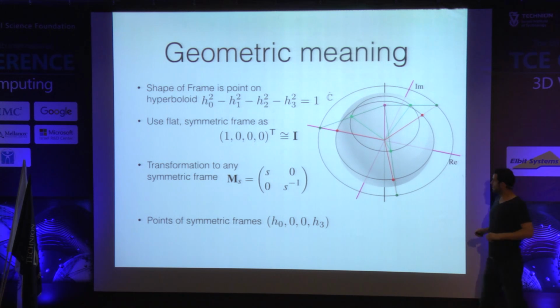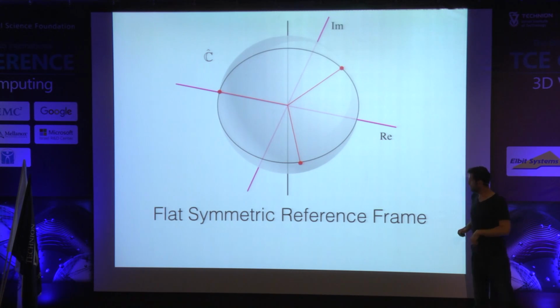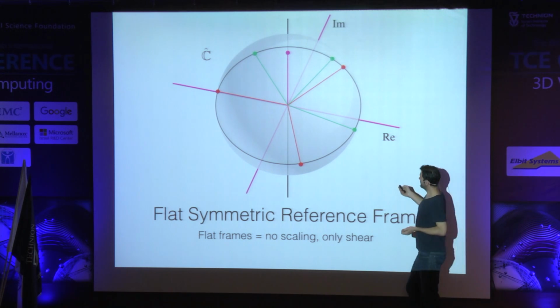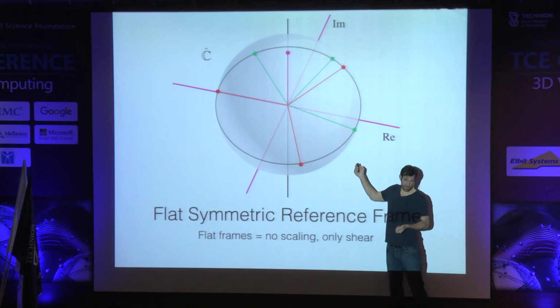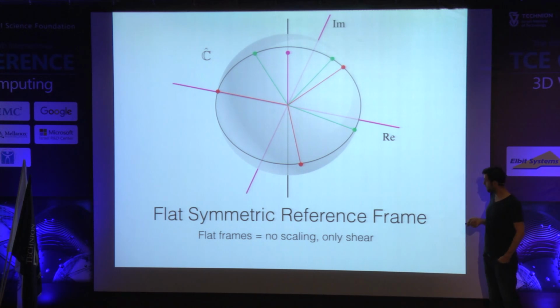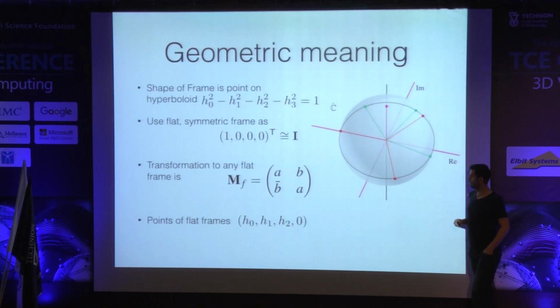And now, what's the rest? The rest is flat frames. And so all the remaining frames are flat frames, and what I see is I don't scale, I just shear. All the flat frames are shears, so they all look like this.